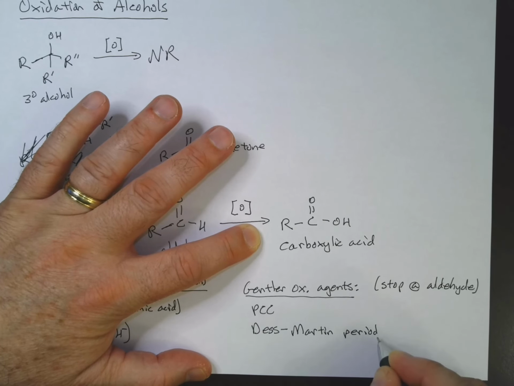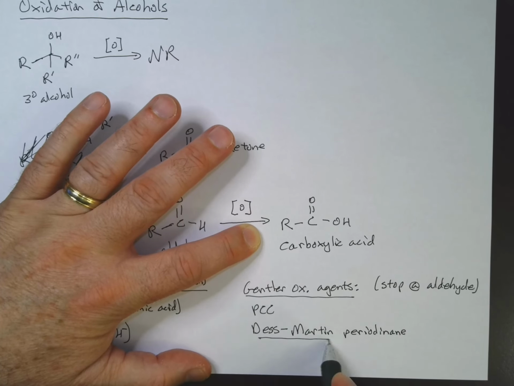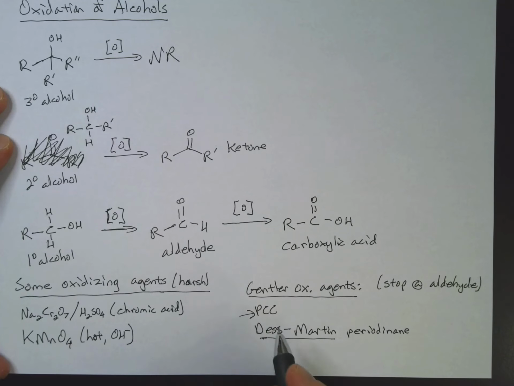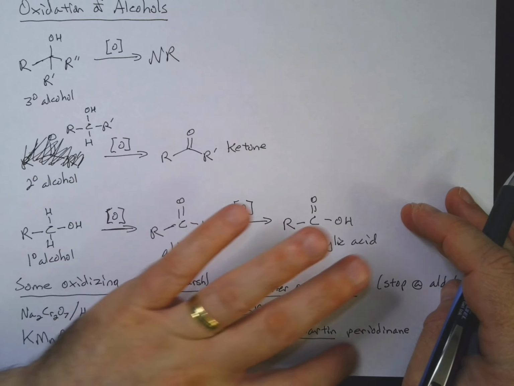So Des-Martin. This is what the text uses. I'll typically use PCC when I write problems and answers, because it's easy to write PCC instead of Des-Martin periodinane.